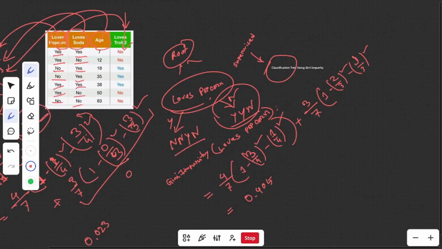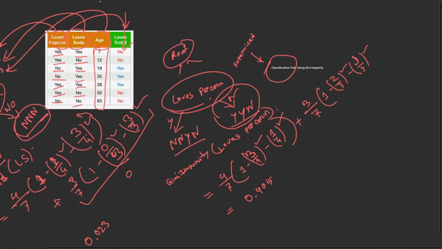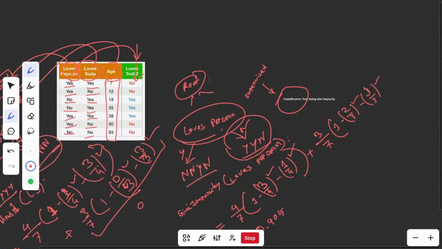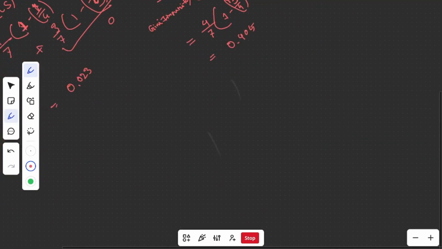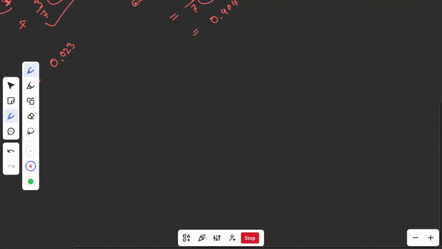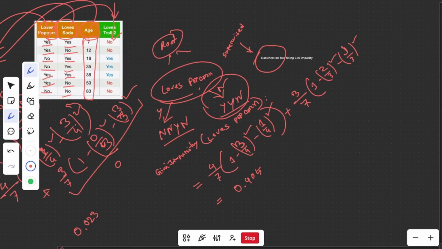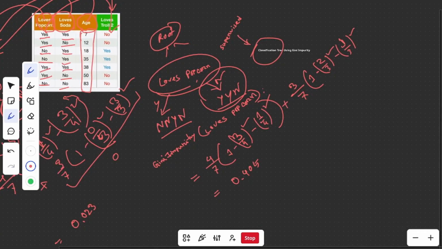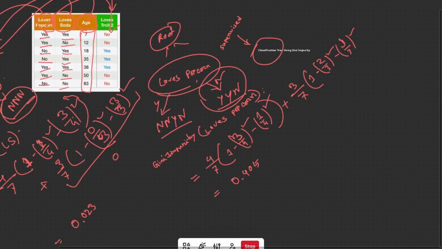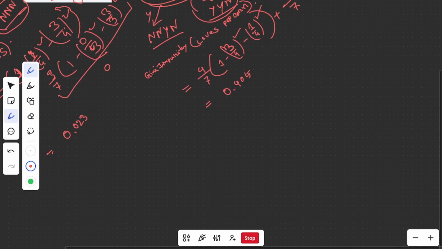Okay, now you can see here is a numeric value. So we have to use a different approach here to find out the Gini impurity of each. So let's find out. For finding Gini impurity of numeric data, we have to sort first.